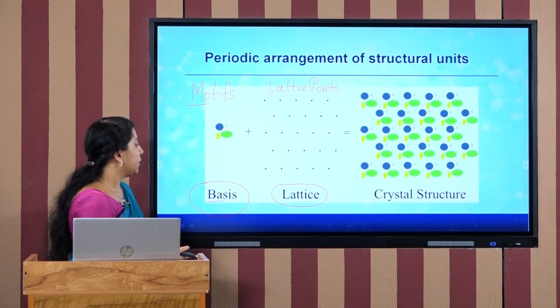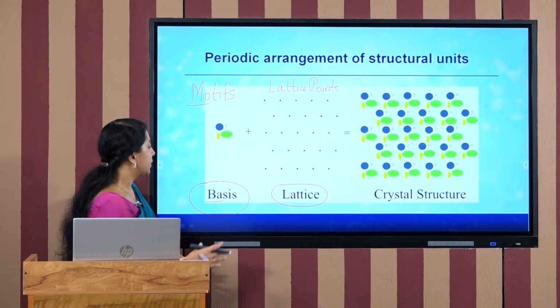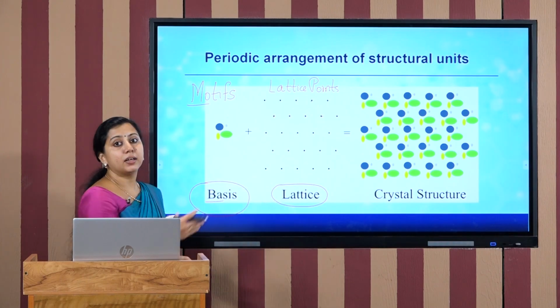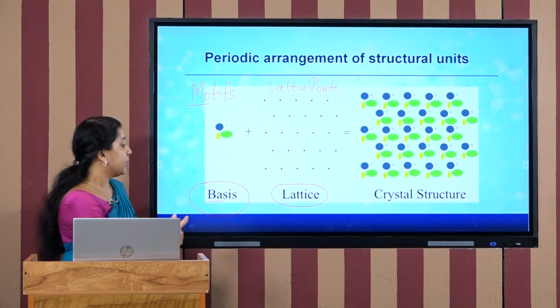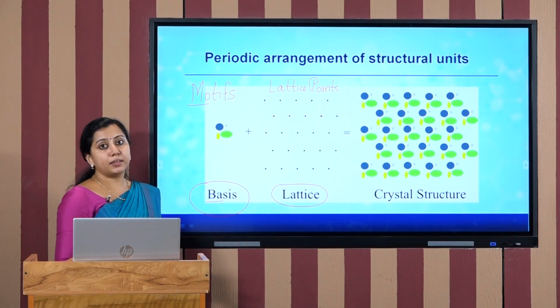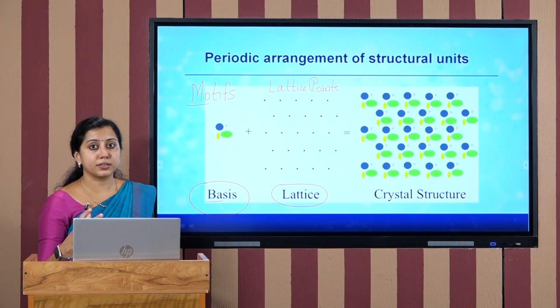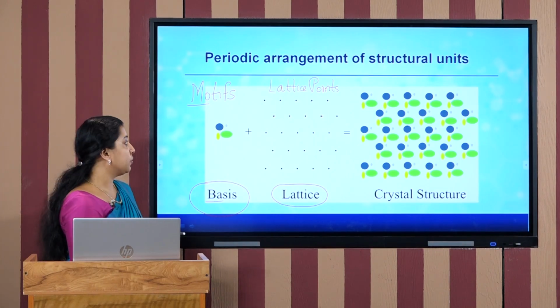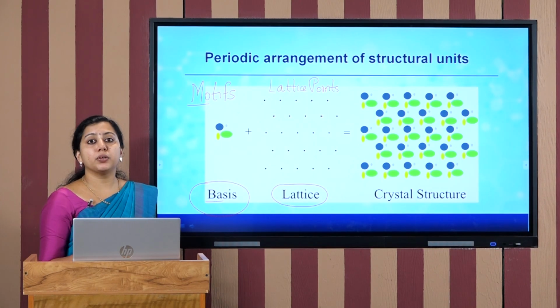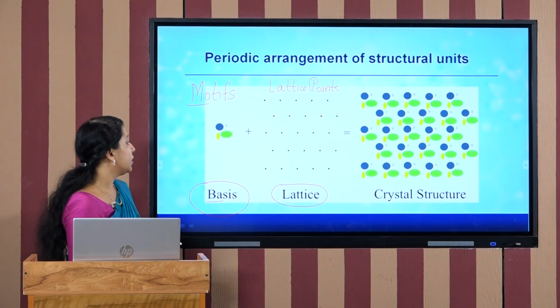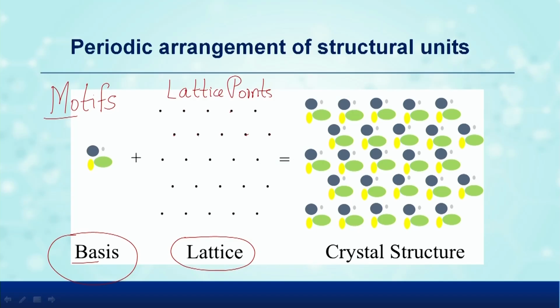Okay. Now, what is the relation between a basis and a lattice point? The basis, as I said earlier, is a motif or the structural units. So, say if the structural unit is an atom, and if we place each atom on these points, okay, I am going to place the atoms in each of these points.